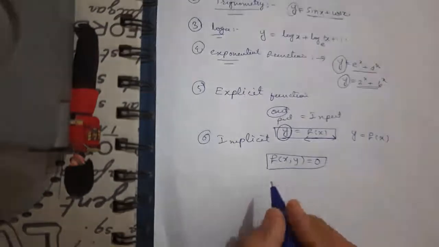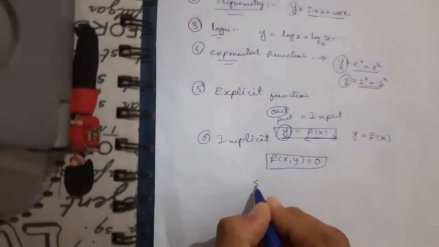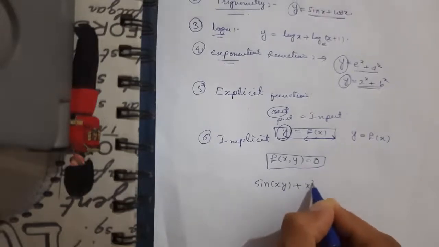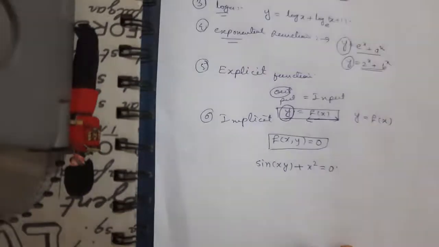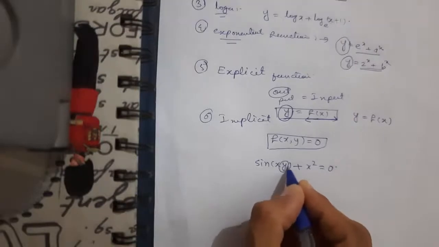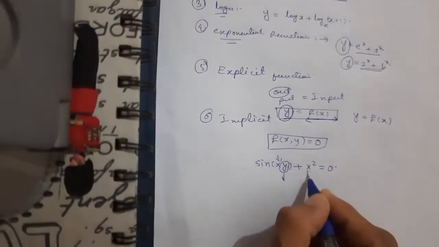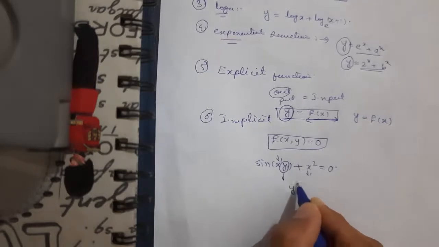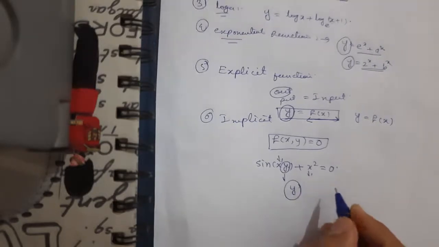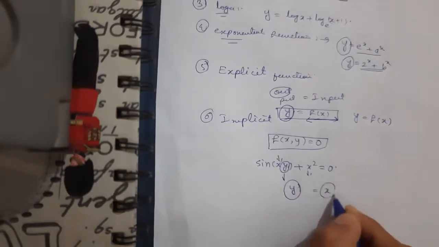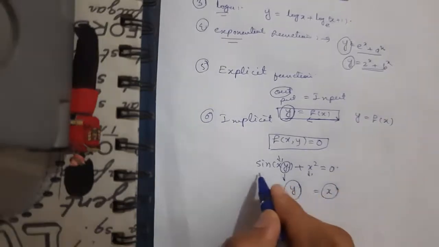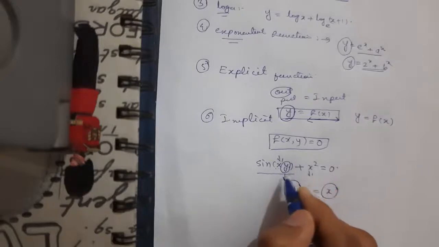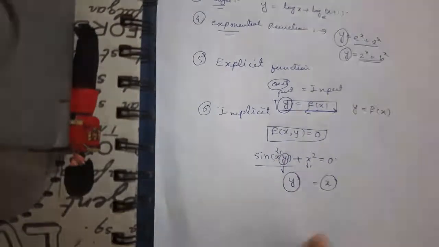For example, sin xy plus x square equal to 0. Now this y is your output and x is your input, but we cannot separate them. We cannot write y on one side and x on another side. It is very difficult to separate this y from this x. So this kind of function is called an implicit function.